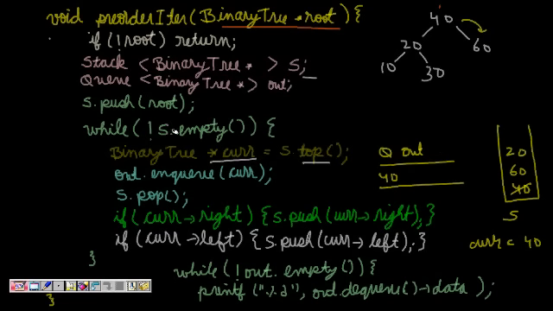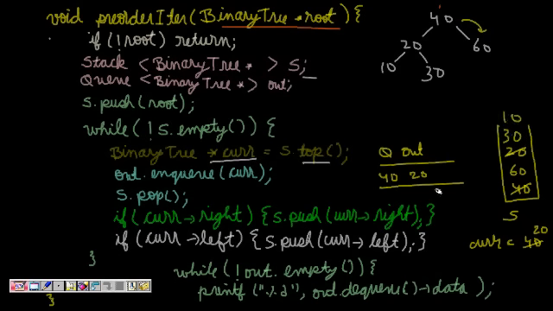Now again I go to the while loop, s is not empty, so current is now 20. I enqueue 20 here and then pop it out, and 20 has left and right child, so I push the right child first and then the left child.